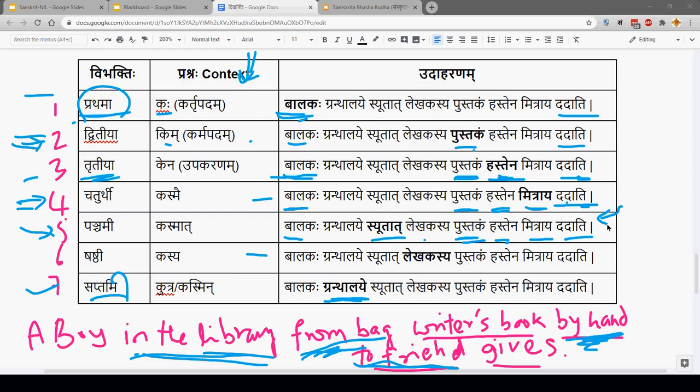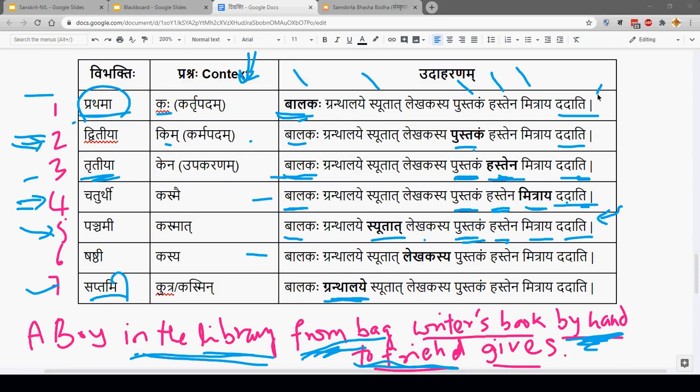So far the questions were on the action directly, on the verb. Here Dadati, gives, is the verb. The questions started like who gives, what is given, using what he is giving, to whom he is giving, and from where he is giving. So all the questions are on the giving.